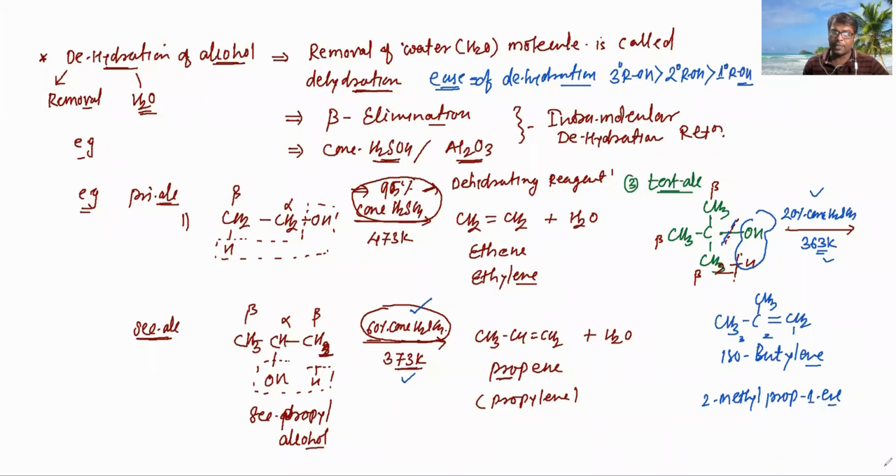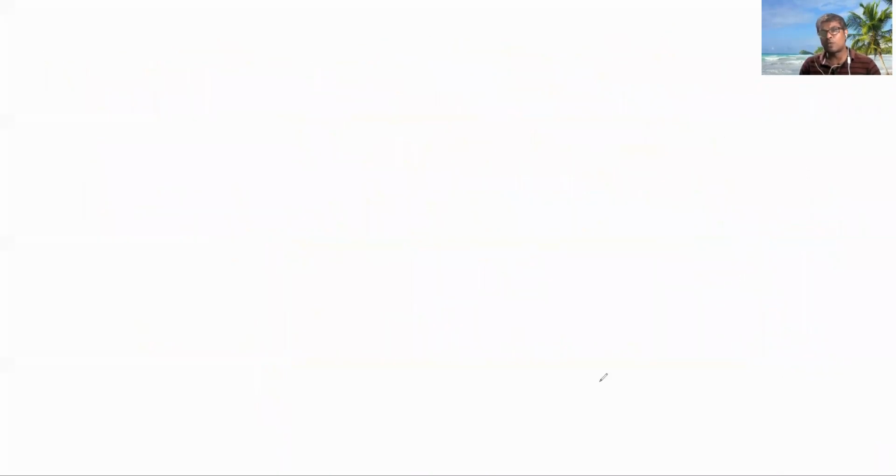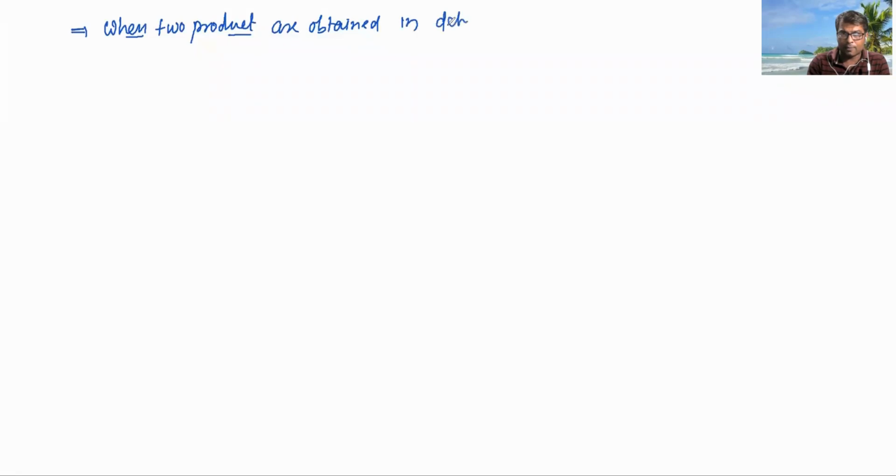Now, in elimination reactions, if more than 2 products are obtained, then by using the Saytzeff rule we decide which product is the major product and which is the minor product. When 2 products are obtained in dehydration reactions, which of the products is major and which is minor?